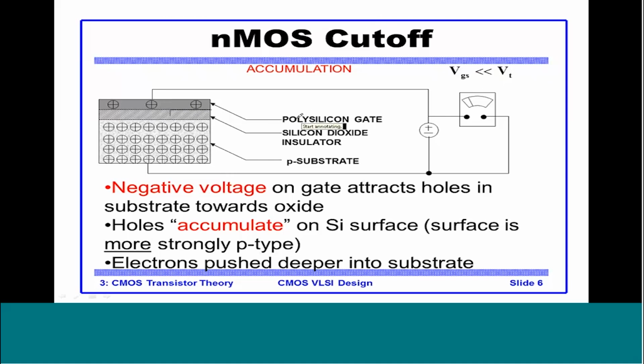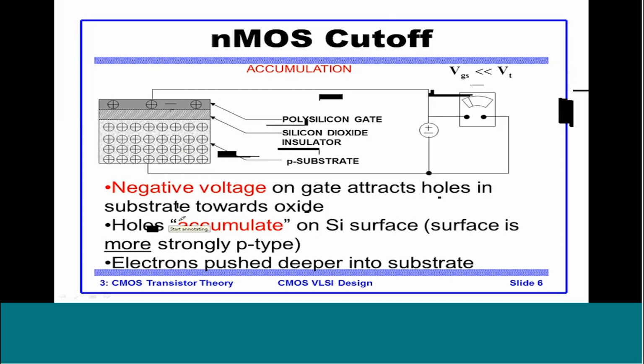The gate. So the substrate. Please note that substrate is a P-type material in case of NMOS. So the negative voltage, or a voltage which is less than the threshold voltage of this junction, attracts holes in the substrate towards oxide.